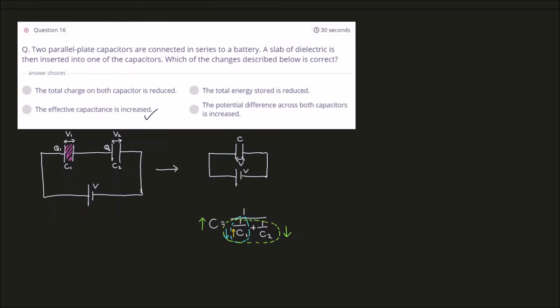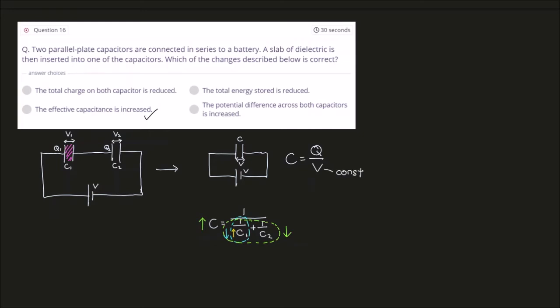But let's look at the other options and try to prove that they are wrong. First, the total charge on both capacitors is reduced. Is it true or not? We know that C, the effective capacitance, equals Q over V. We know that V is constant because you're connecting it to a battery.